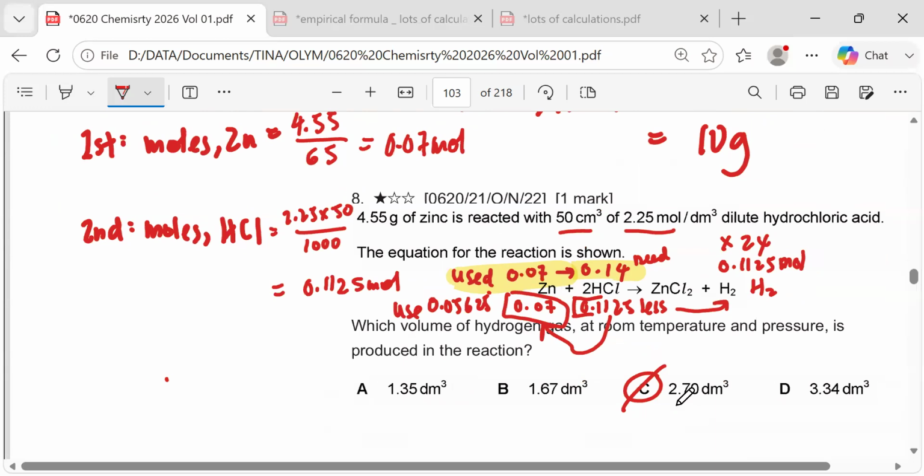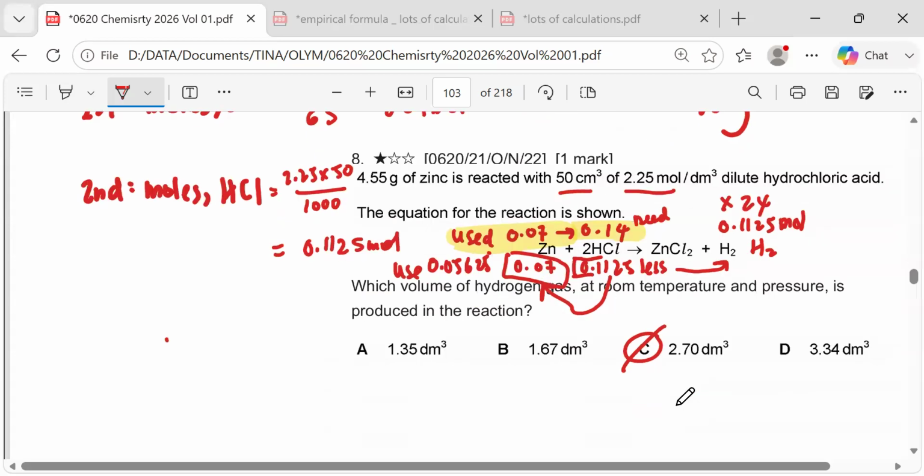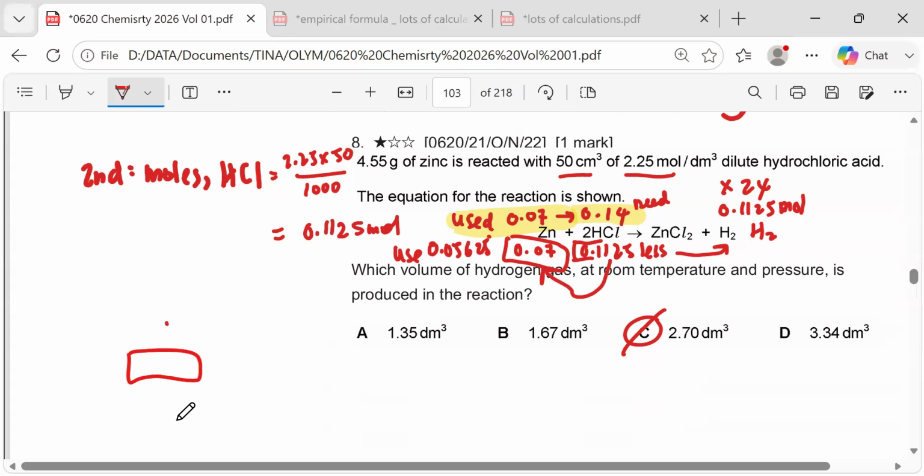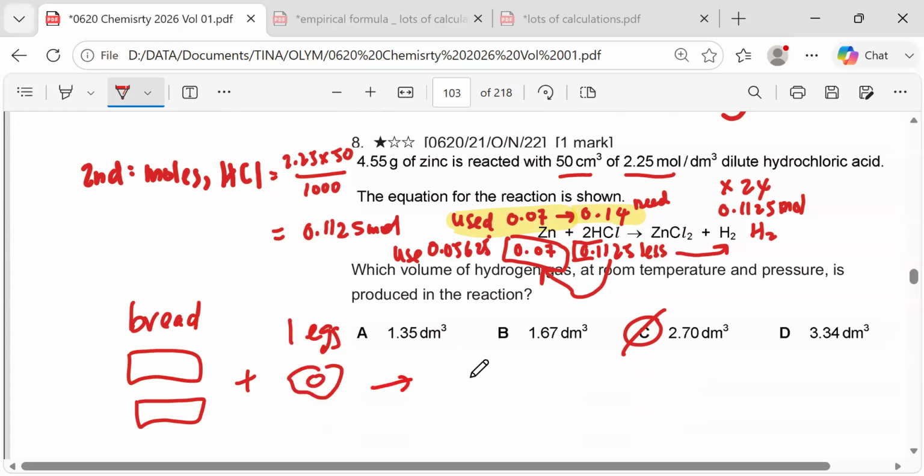Why do you use the same moles for hydrogen and 2HCl? Because it's the one that is less. Okay, I make sandwiches. 2 slices of bread, 1 egg makes 1 sandwich.